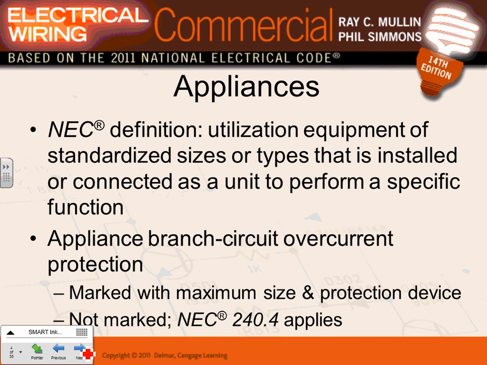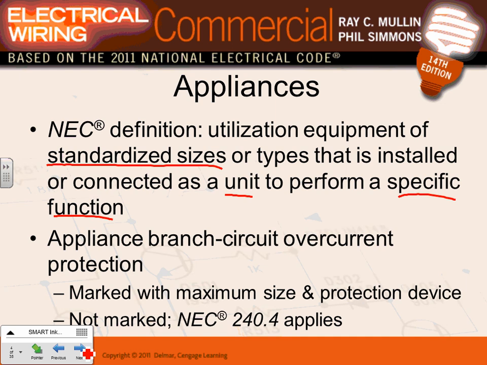Here's how the NEC defines appliances, utilization equipment: something that utilizes power in standardized sizes, like a washing machine and so forth, or types that are installed or connected as a unit to perform a specific function.